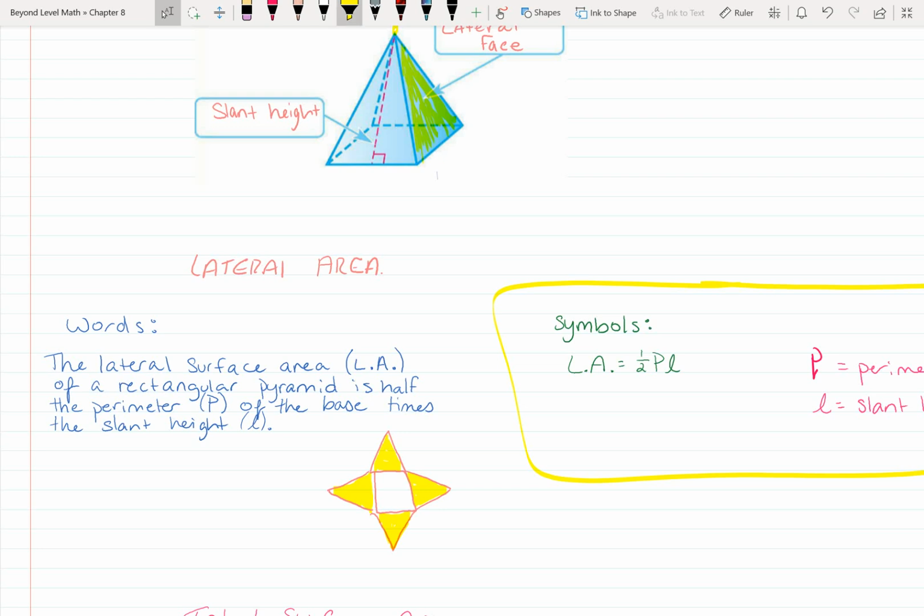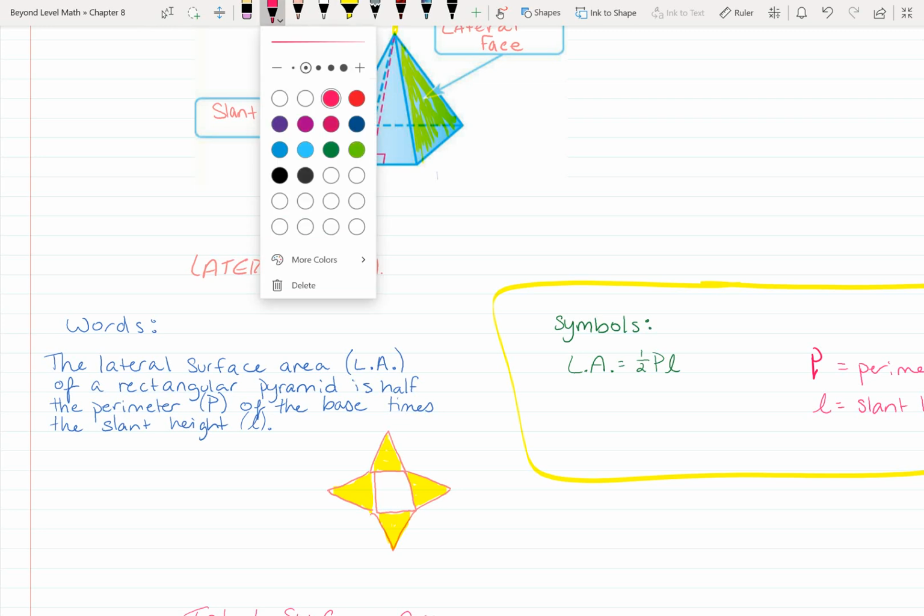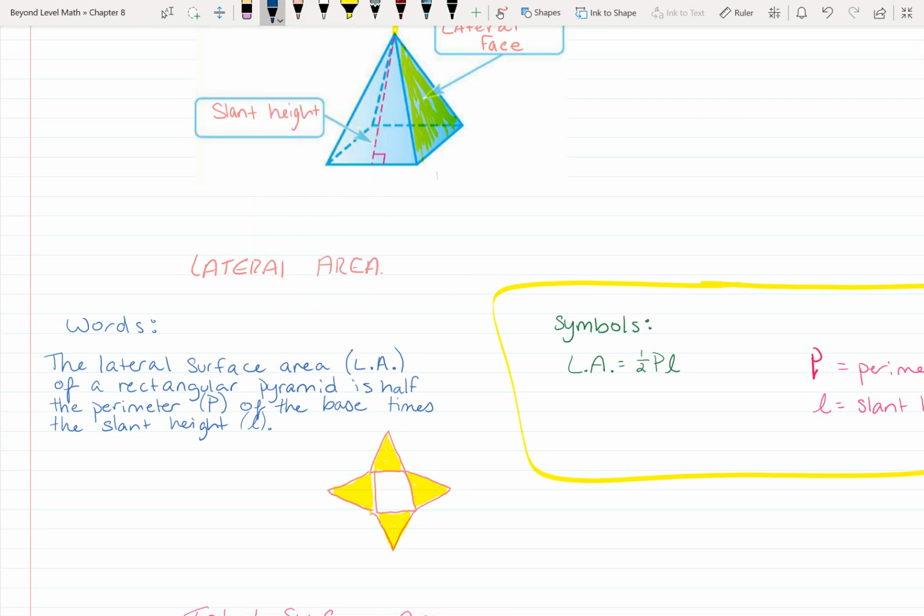Again, you don't have to write anything down other than what I highlighted, but I'm going to start writing over here. The lateral area, to find the area of just this triangle, we would do 1/2 base times height, right? So this would be the base, and then we'd have a height.